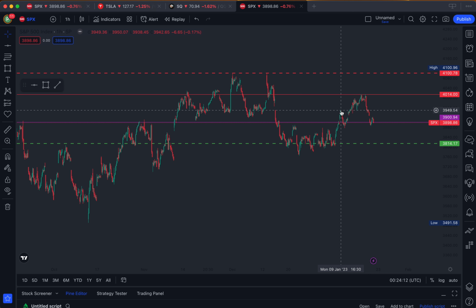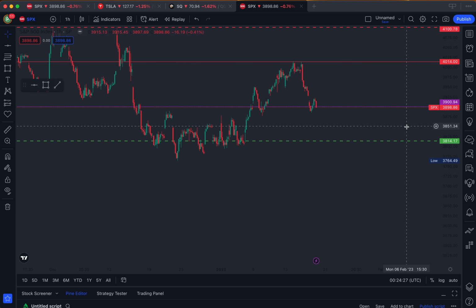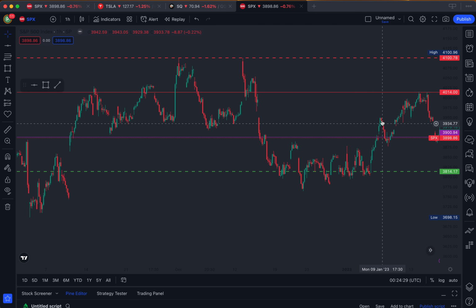Does that coincide with anything to the left? Potentially. This is kind of support and resistance for here and here. So when it's close like this, I'll make it a little bit bigger so you can see it. This is 39.50.